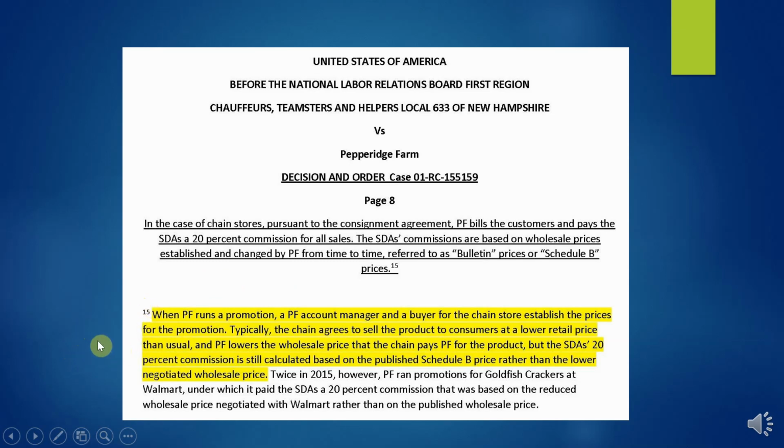Typically, the chain agrees to sell the product to consumers at a lower retail price than usual, and Pepperidge Farm lowers the wholesale price that the chain pays Pepperidge Farm for the product. But the SDA's 20% commission is still calculated on what? Published Schedule B, rather than the lower negotiated wholesale price.